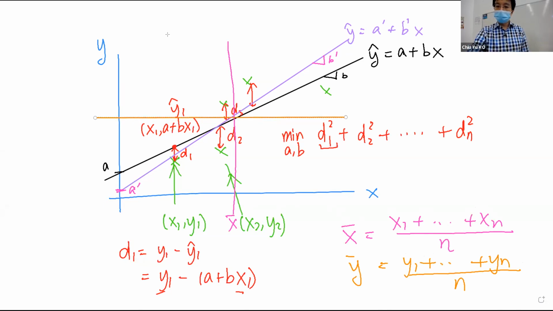So the first thing is, if I want the line that best fits the data, it must pass through the center of data, which is x bar, y bar. Okay. Why is that the case? That can be proven, but it will definitely pass through the center of data.